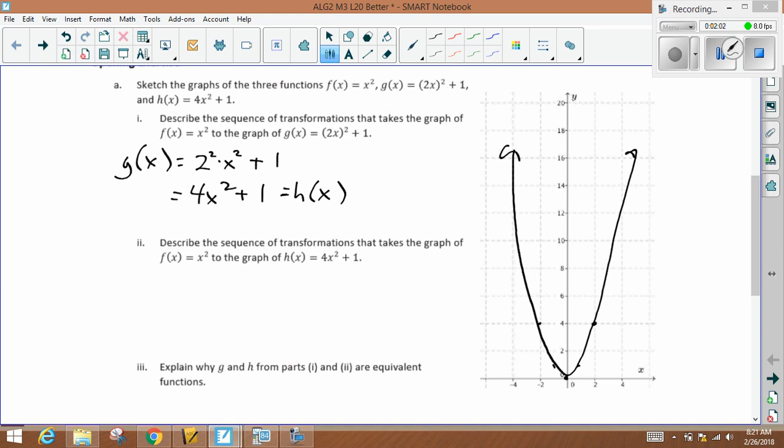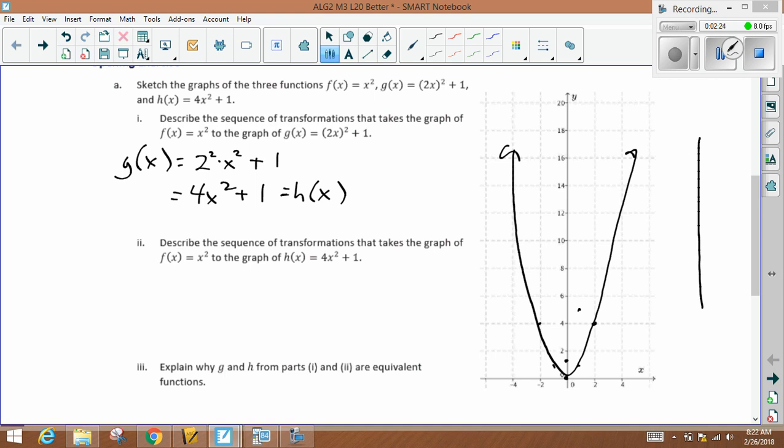Alright, so when x is 0, y is 1, right? When x is 1, y is 5, right? Just going through a table of values. Why don't we do that real quick?